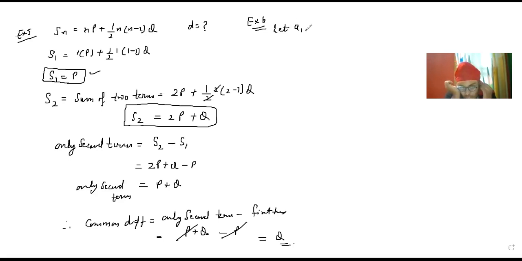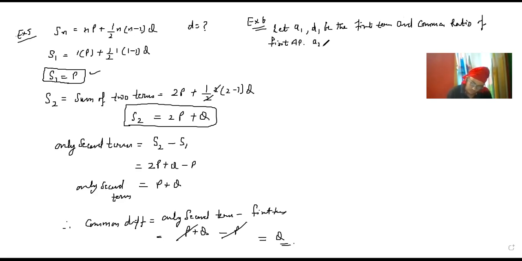So let a1 and d1 be the first term and common difference of the first AP, and a2, d2 be the first term and common difference of the second AP.